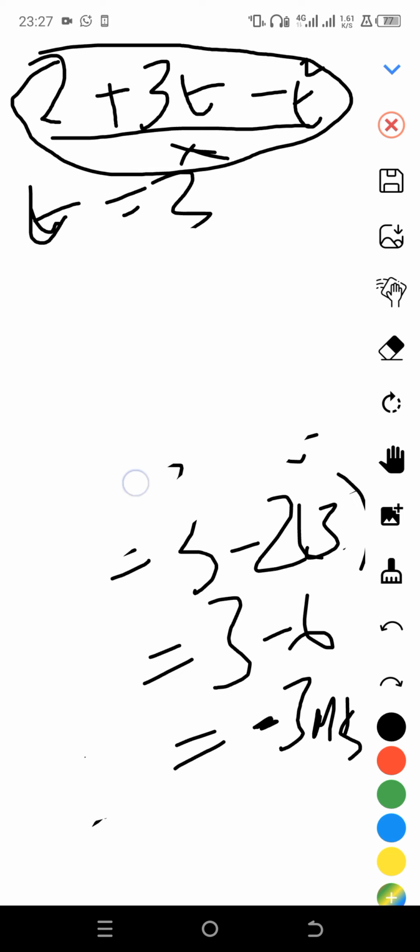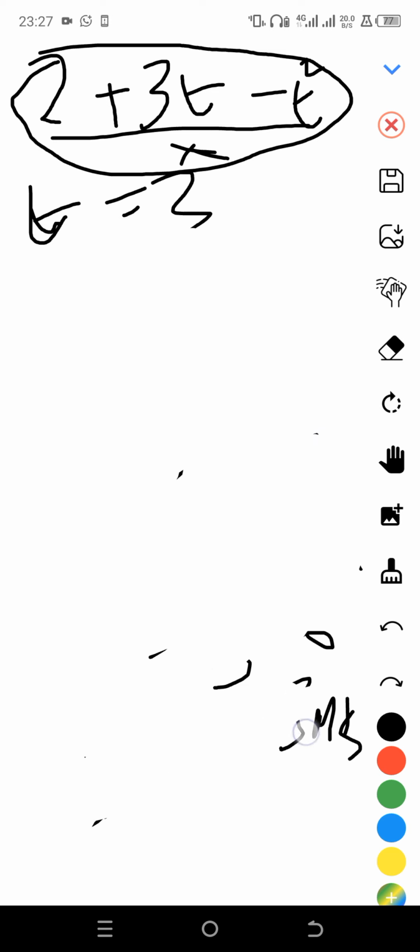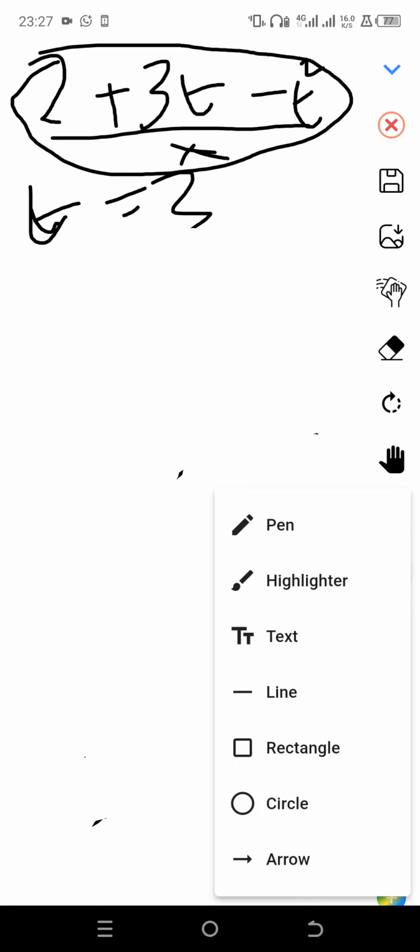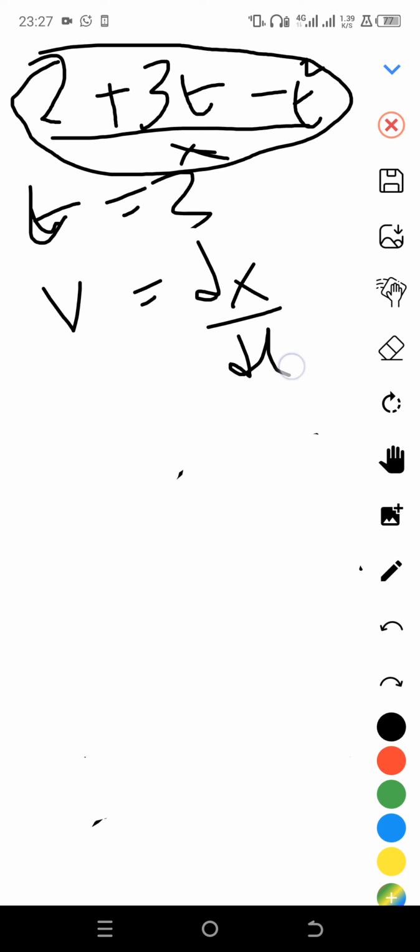Now there's one key concept which you have to take note of, and that's how velocity is related to position. The derivative of a function is the reverse of the integral. Since v is dx dt, then what would you think x will be?